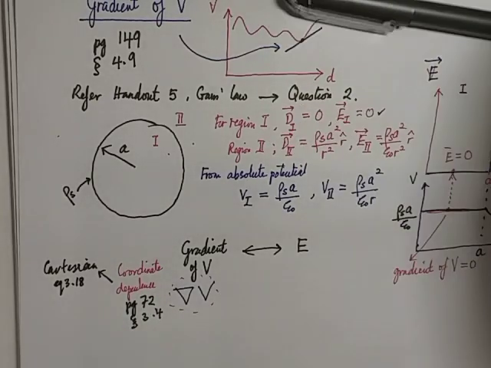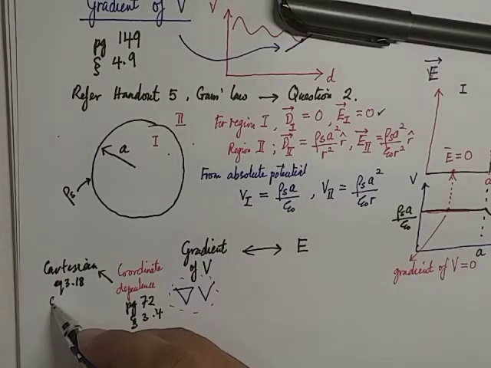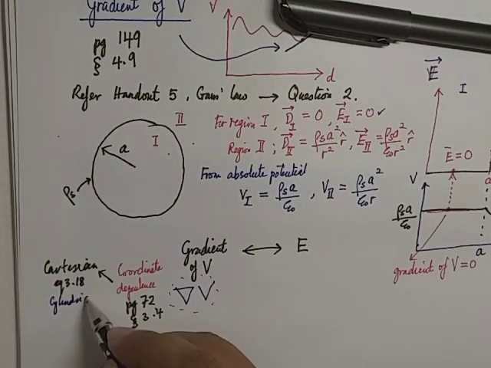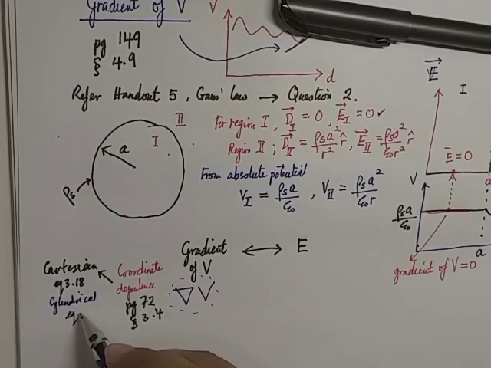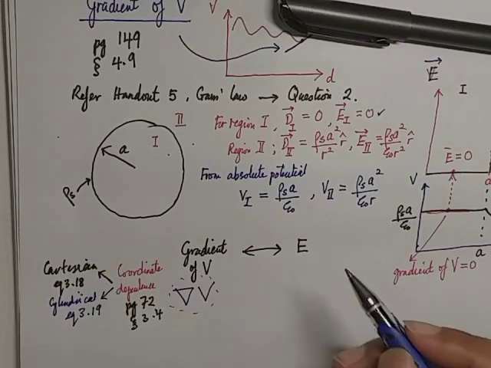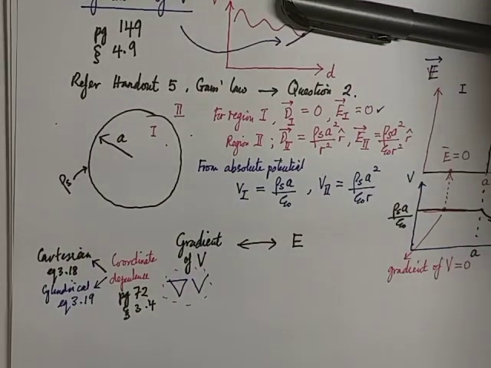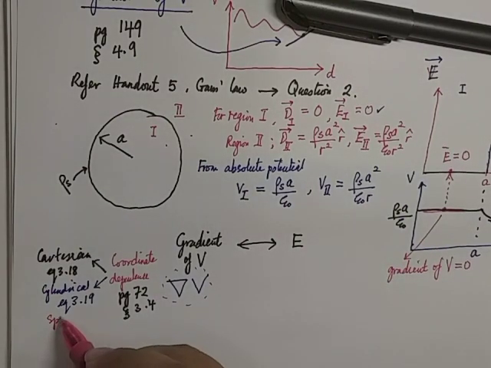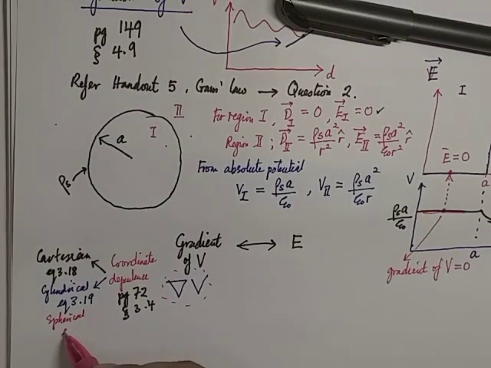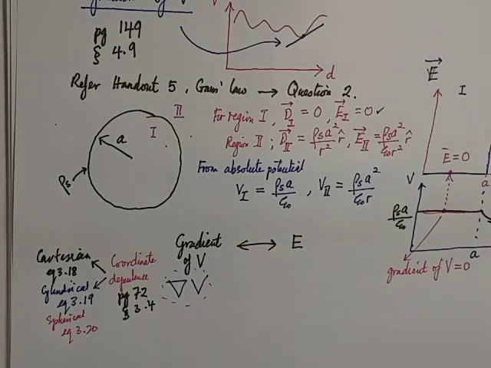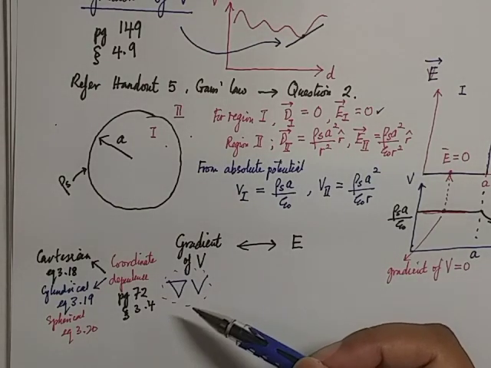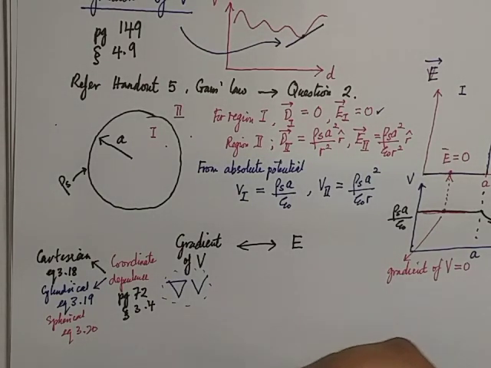If we are dealing with cylindrical coordinates, please refer to equation 3.19. That is our second coordinate system. And for the last coordinate system, which is spherical, please use equation 3.20. So that is how we interpret gradient: gradient has a specific symbol, and that symbol is based on the coordinate system.